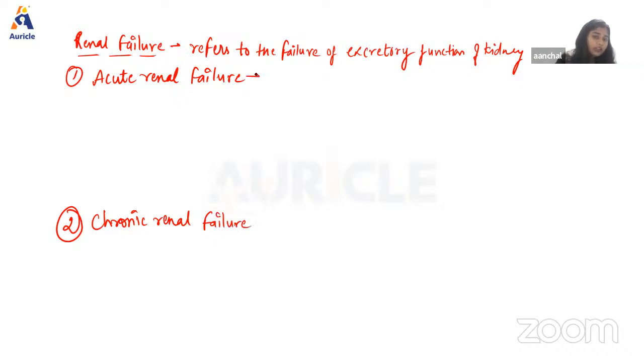Acute renal failure refers to the condition in which there is sudden stoppage of renal function. Acute means for a short period of time, but here it happens suddenly.